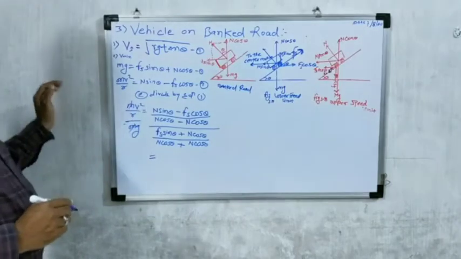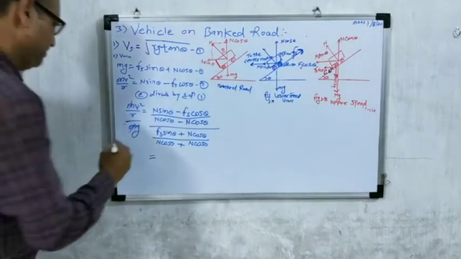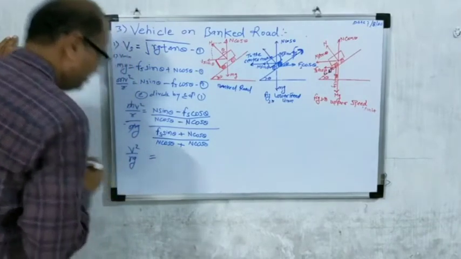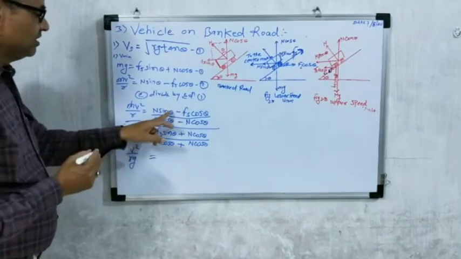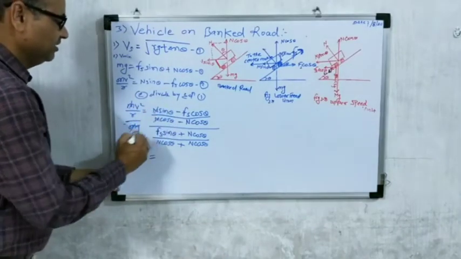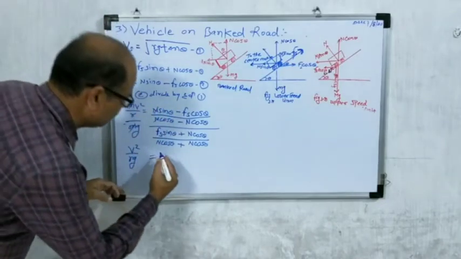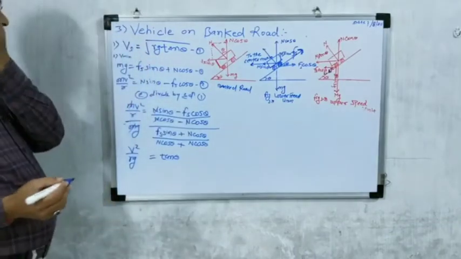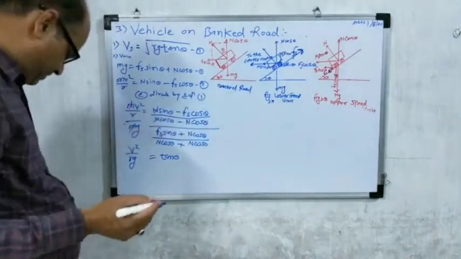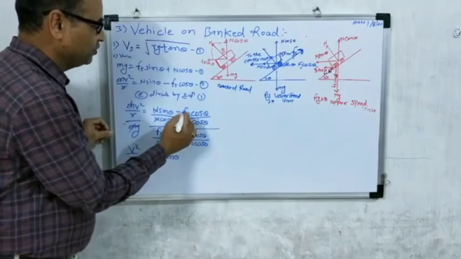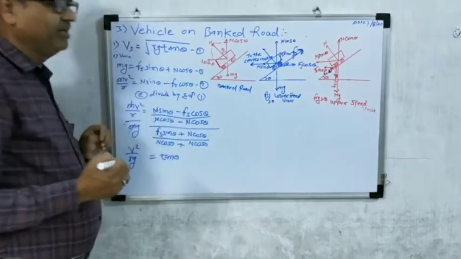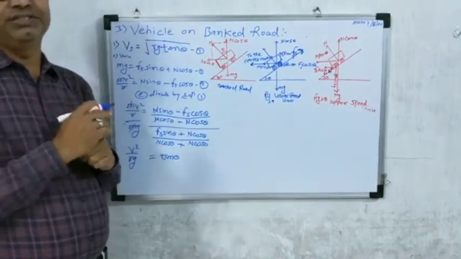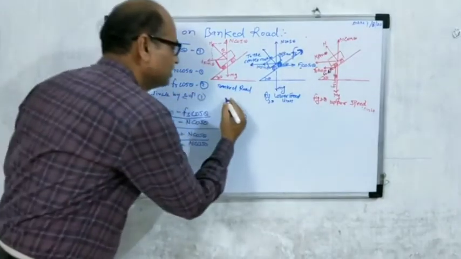m should be cut, then v square divided by rg is equal to n cut, sin theta divided by cos theta means tan theta, minus the force of friction divided by the normal reaction, which is given by the coefficient of static friction.